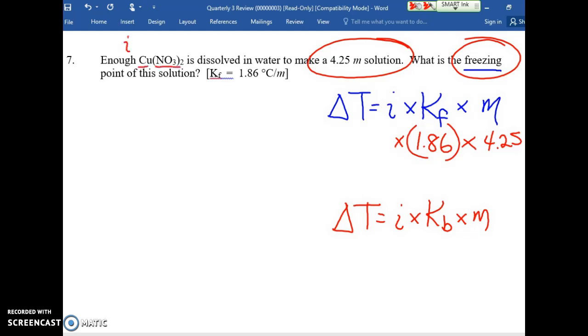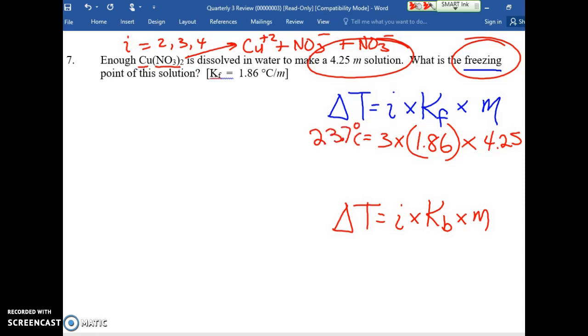That's ionic, so it's going to be 2, 3, or 4. Of course, CuNO3 breaks up into a Cu ion, an NO3 ion, and another NO3 ion. That's why it's an i value of 3. We do the math, and we find out that we get a change of 23.7 degrees Celsius.